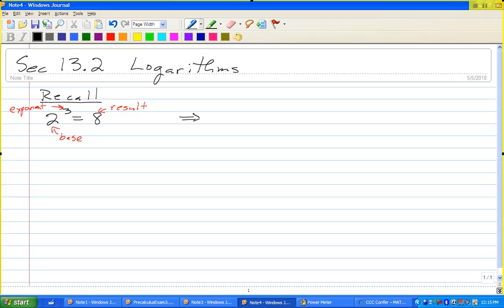Well, I can write this as follows. I can just say the base is 2, the exponent is 3, and the result is 8. And so since 2 cubed is 8, then the log base 2 of 8 is 3. So the logarithm is an exponent.